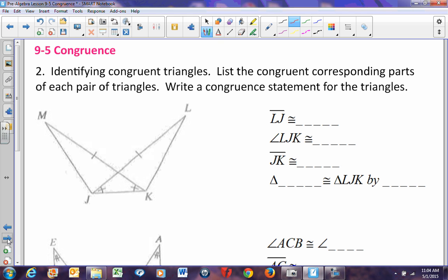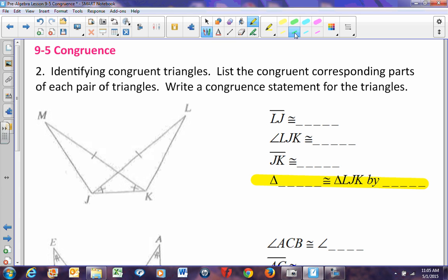Now, for these two particular triangles, it's probably going to be easier for me to separate them. The thing I should pay attention to is the very last statement here. It tells me triangle blank is congruent to triangle LJK.